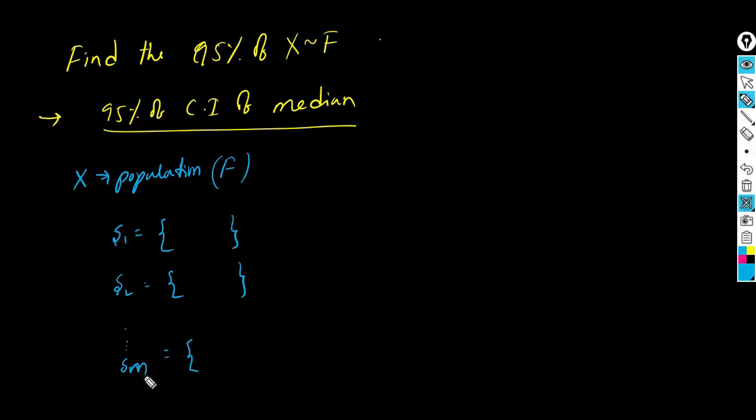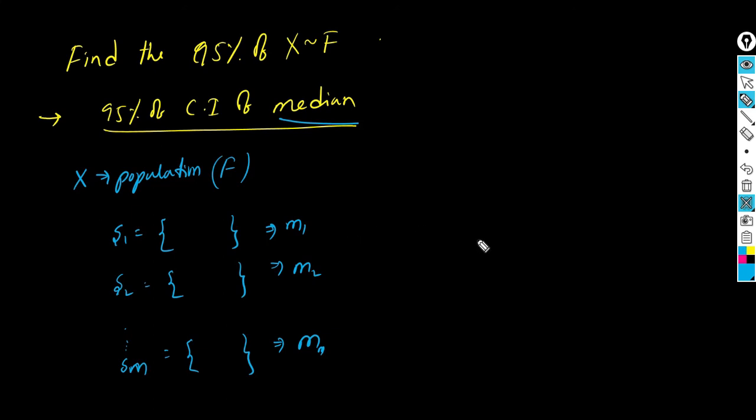Let's consider Sm. For these subsets of points, we want to find the median confidence interval. That's why we will take the median of each subset. We will get M1, M2, Mm.